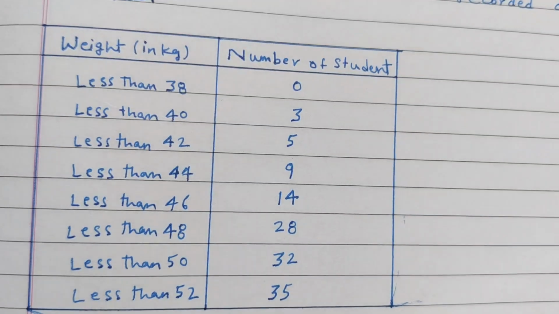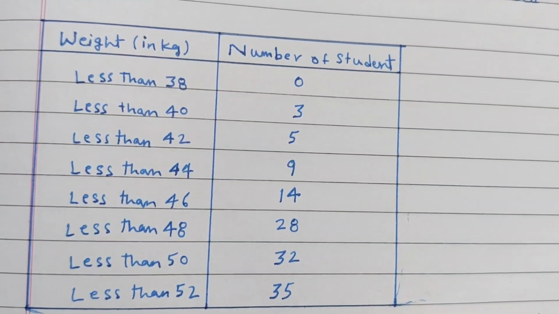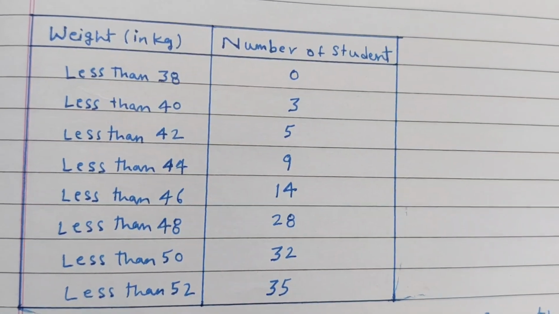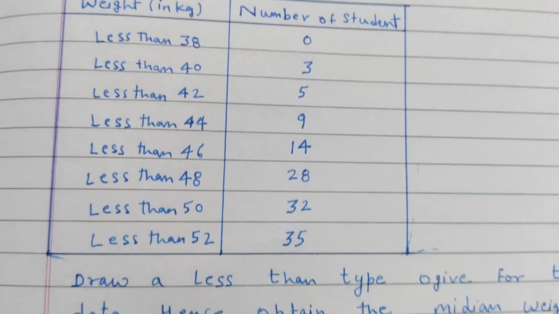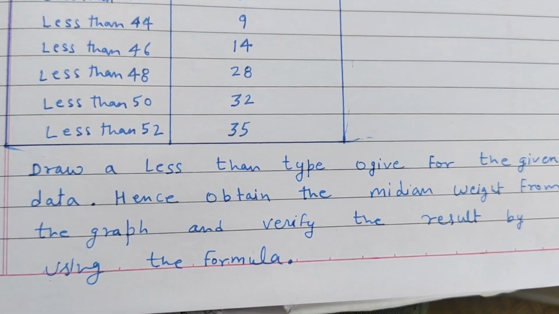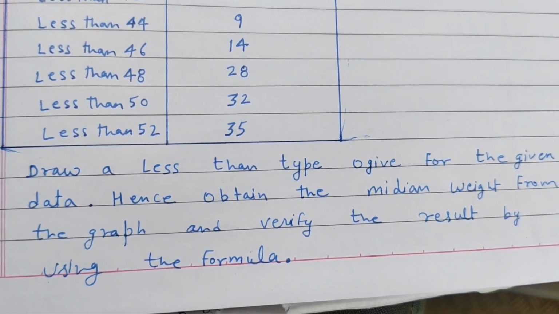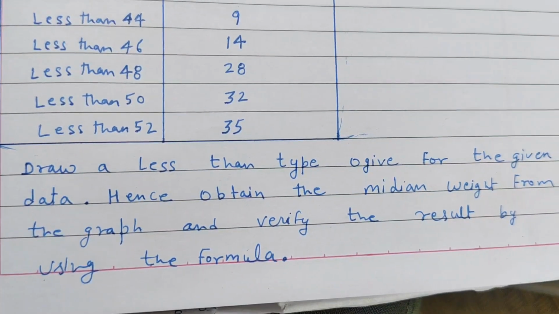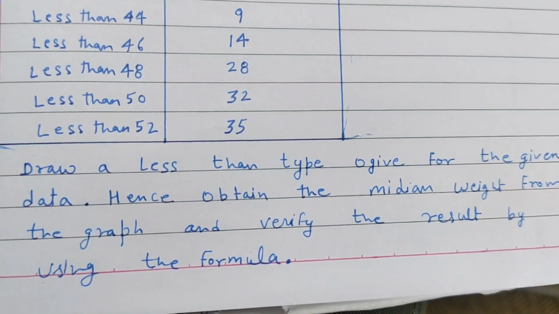The number of students is given in increasing order, with the last being 35 students. Draw a less than type ogive for the given data, hence obtain the median weight from the graph and verify the result by using the formula.